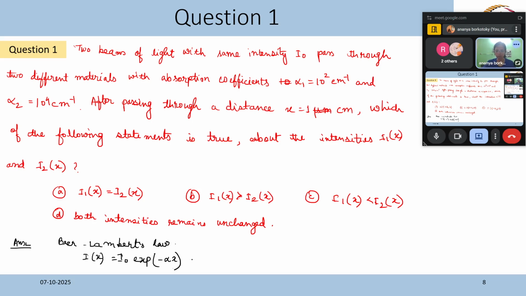From this law, the higher the alpha, the lower the intensity.